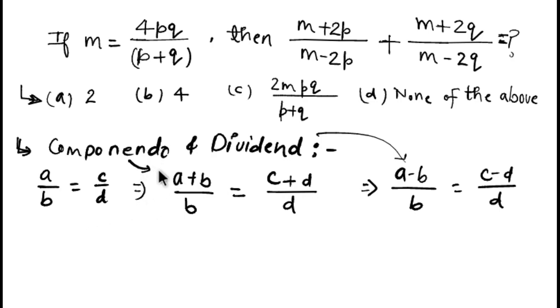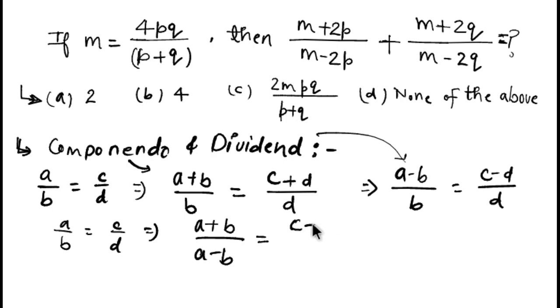If I combine these two, componendo and dividendo, at the same time: a by b is equal to c by d is given, and I apply componendo and dividendo. So I can write a plus b over a minus b is equal to c plus d over c minus d.